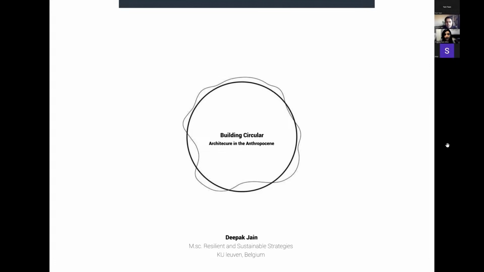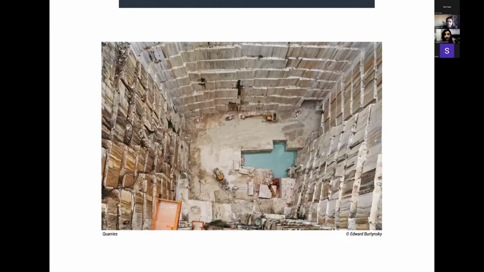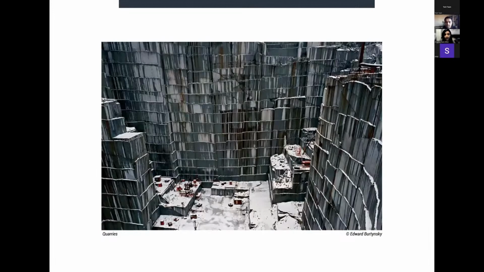I'd like to start my presentation with two of the images by Edward Burtynsky, where he portrays the insatiable human appetite for the world's raw materials.